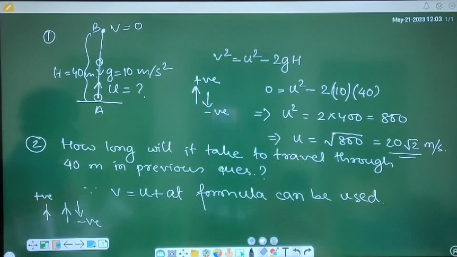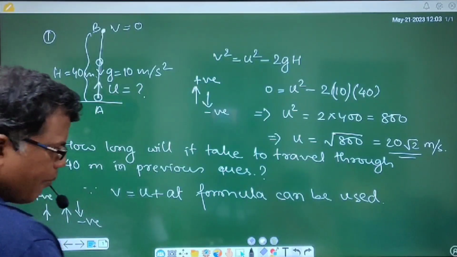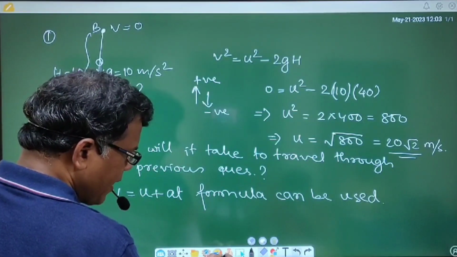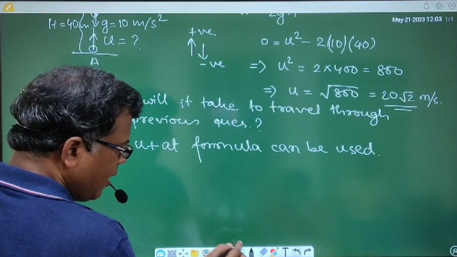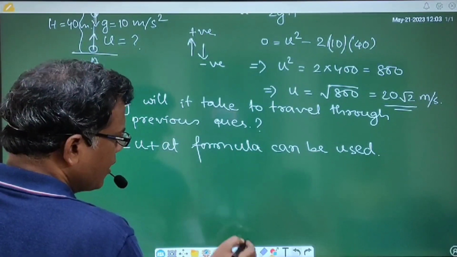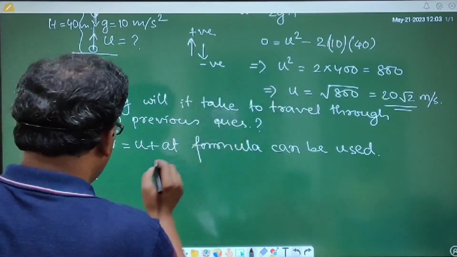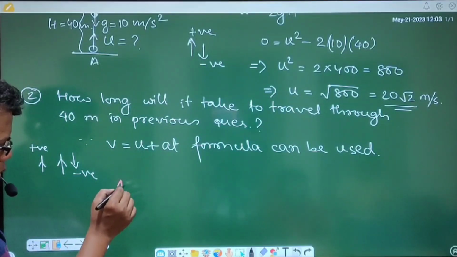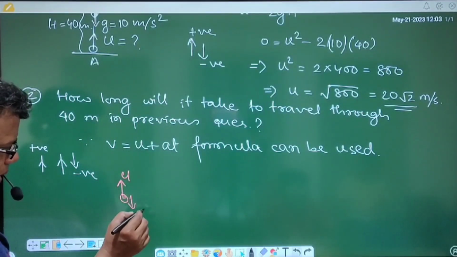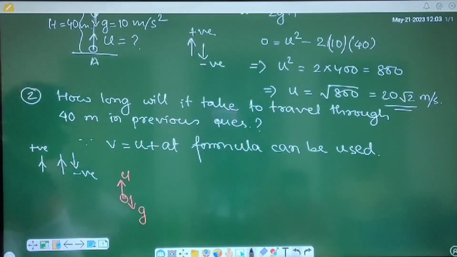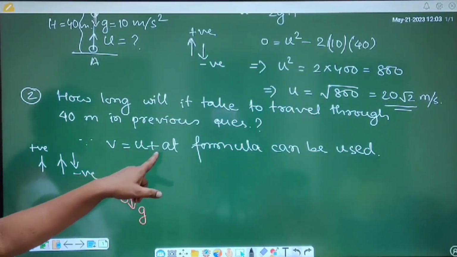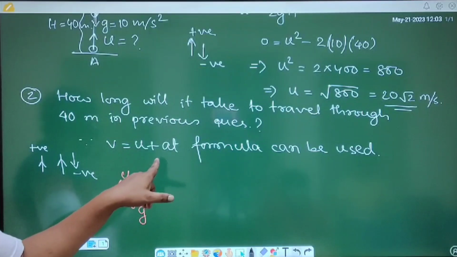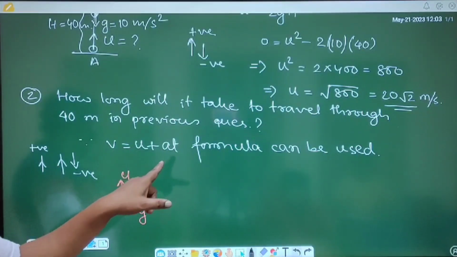It is acceleration due to gravity, because though you are throwing the particle upward, the acceleration is always downward. So instead of a, you should use minus g.